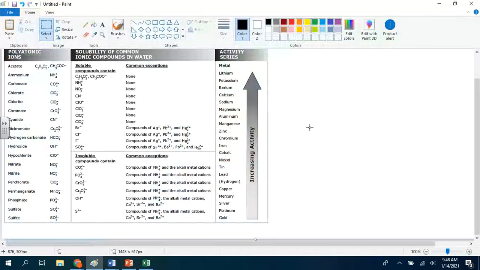Okay, I'm going to give you one of these today, and here is the activity series. This is used for single replacement reactions. You may want to make a note on yours when you get it that the activity series is what you use for that. So here's copper right here, and then here's silver. You see copper is higher on the activity series than silver.